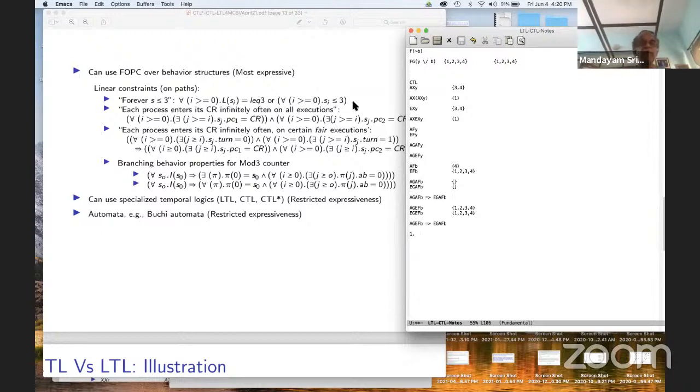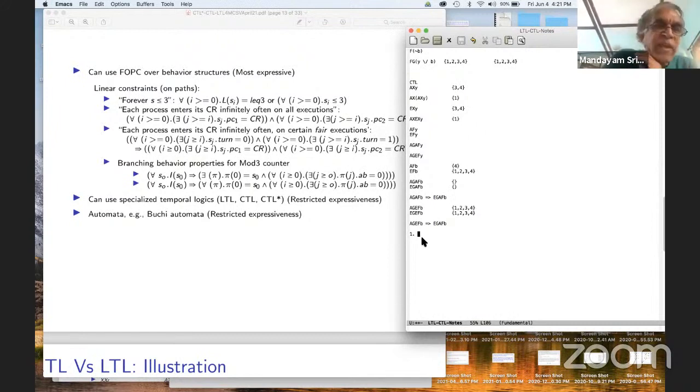This is the property for this mod counter. I mean, you should be able to guess. Why is it taking so long? So I'm just saying it's forever S must be less than or equal to 3. So first, assume that it is, what is it saying?